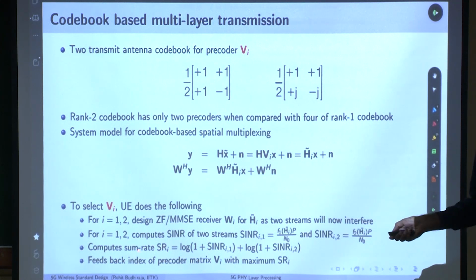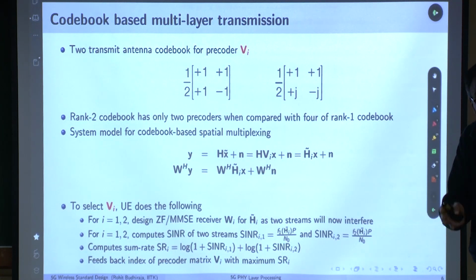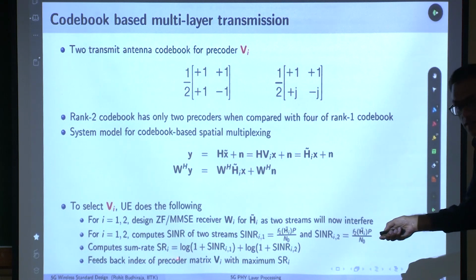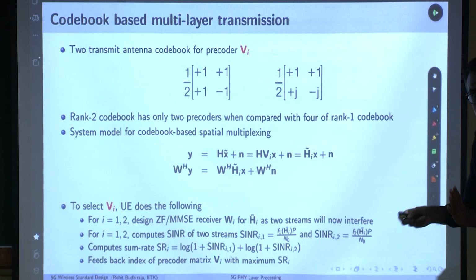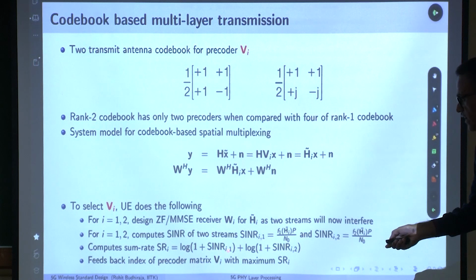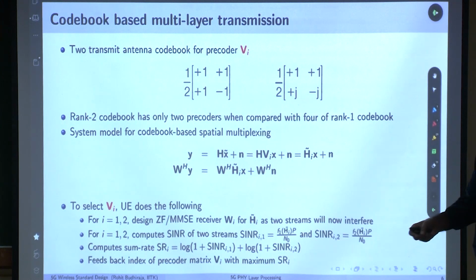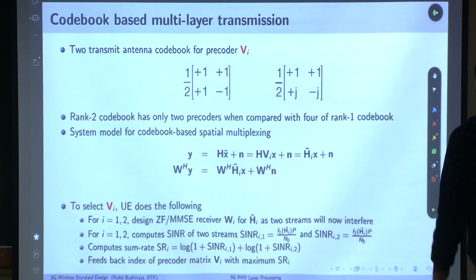There will be 16 different sum rates corresponding to 16 different entries of the code book. And how will these sum rates be calculated? Because maximum rank is 3, we are assuming that, I1, I2 and I3, sum all of them for 16 different code book entries. Whichever code book entry gives you the maximum, you feed it back to the base station.